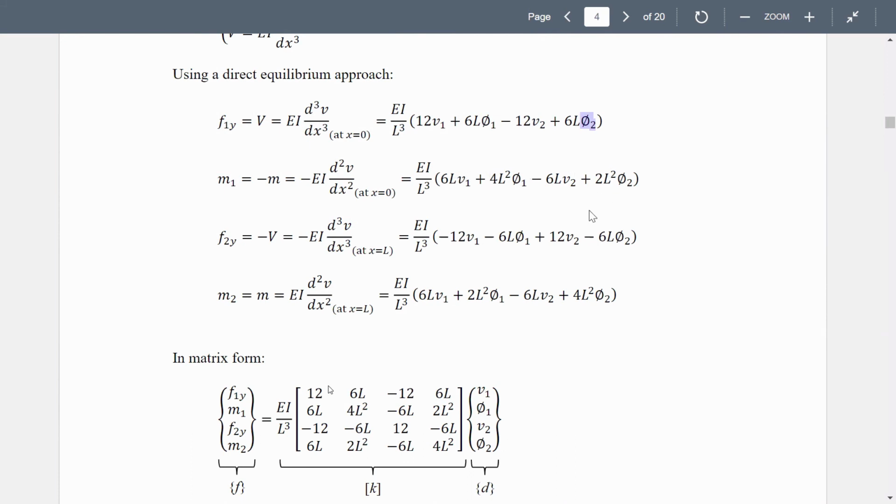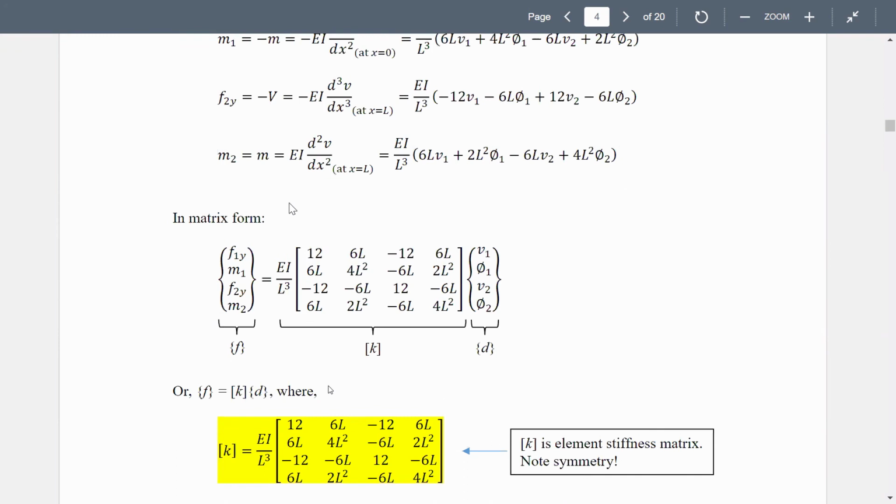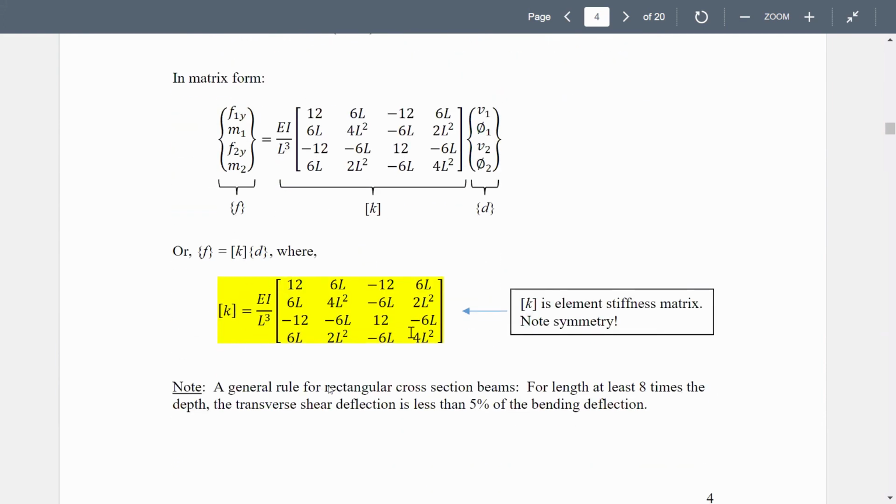In matrix form, we have it like this. This is our force vector, this is our element stiffness matrix, and this is our displacement vector. That's what we always want to see: something multiplied by D is equal to F. This something is called our element stiffness matrix. This is EI over L cubed multiplied by this term.